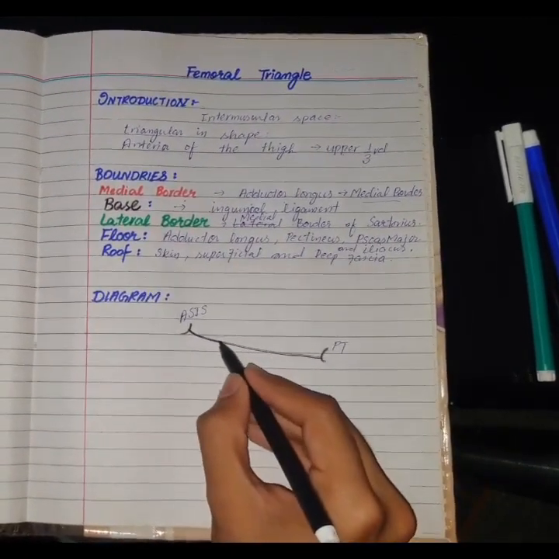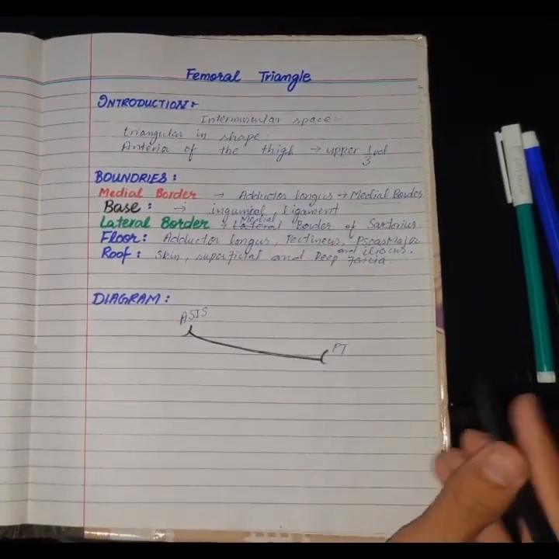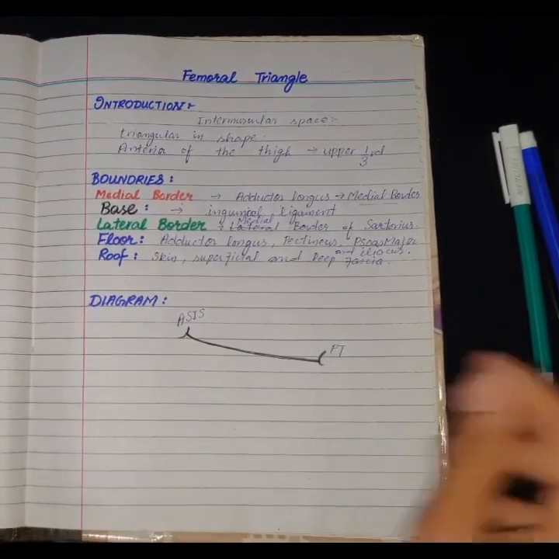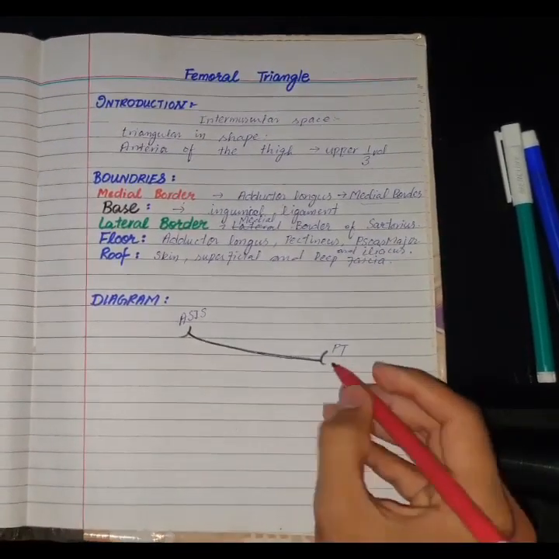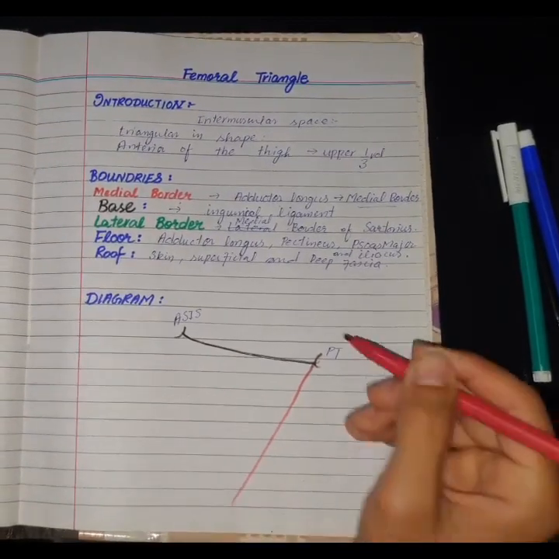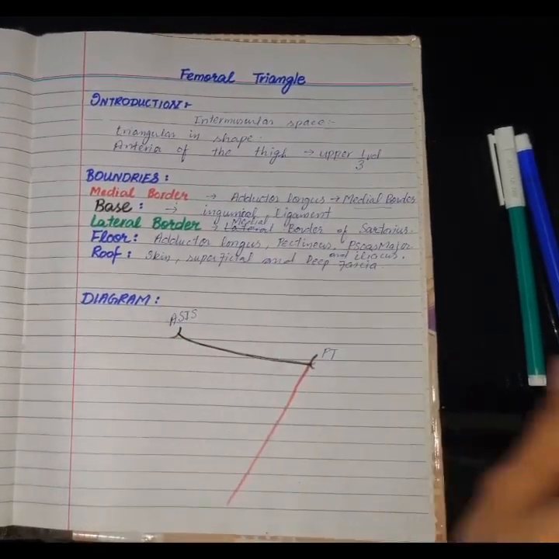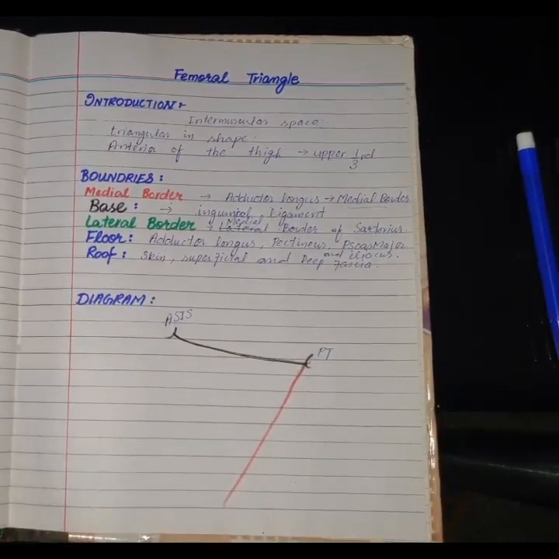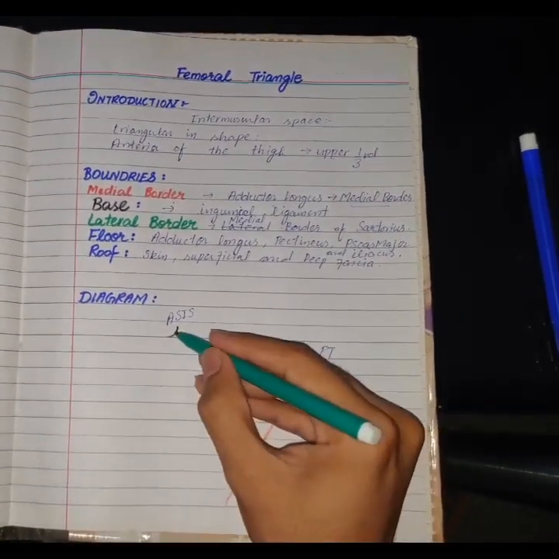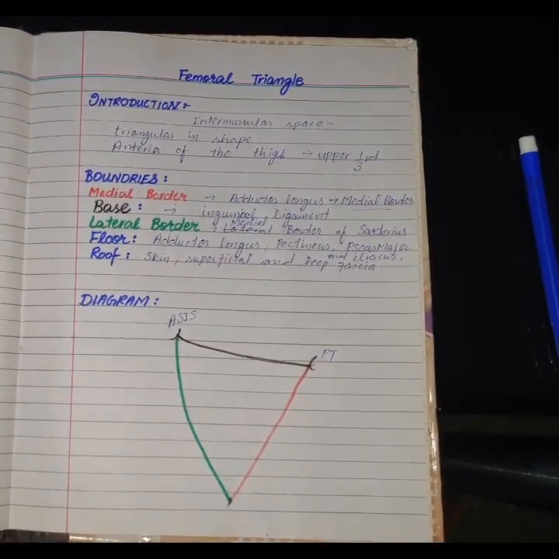So this is inguinal ligament that formed the base of femoral triangle. Now for the medial border, this is adductor longus, the medial border of adductor longus, and for the lateral border, this is the medial border of sartorius muscle.